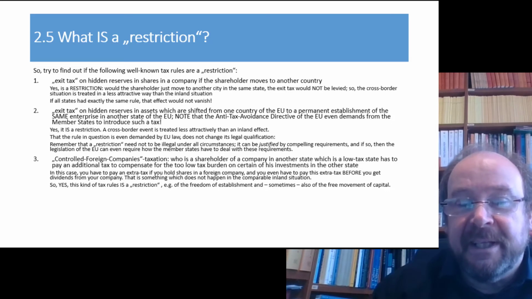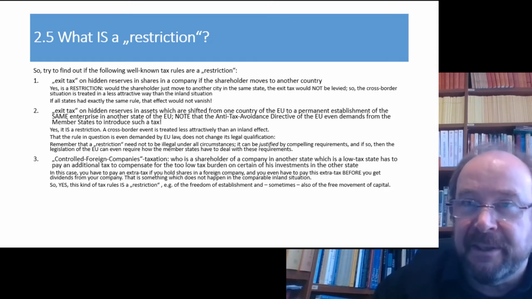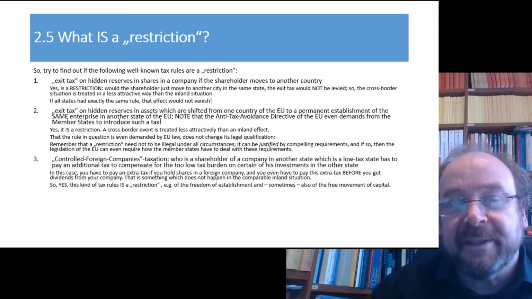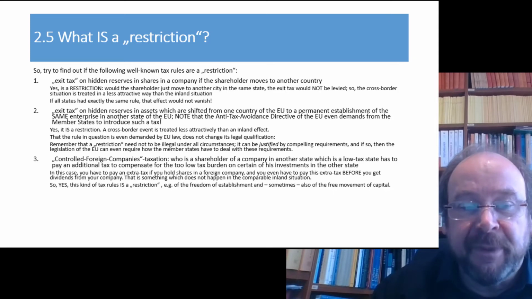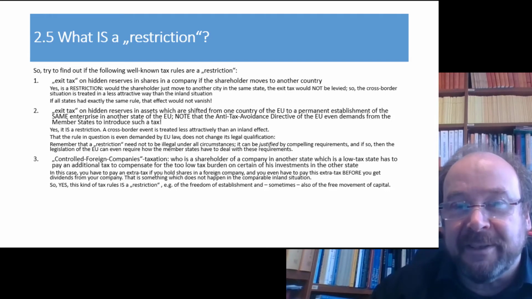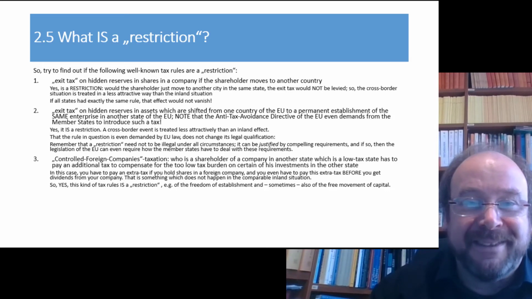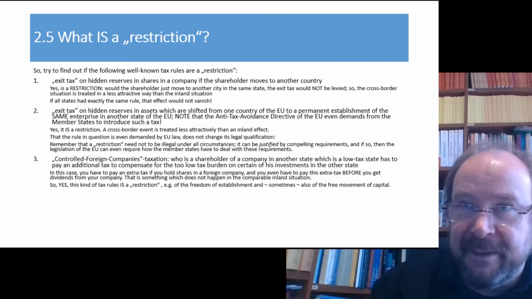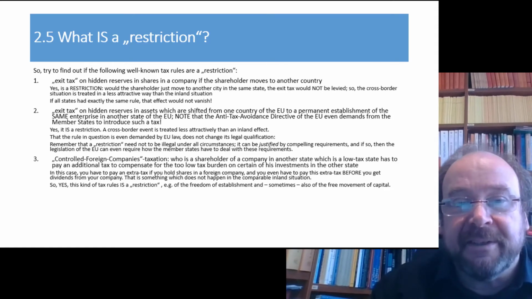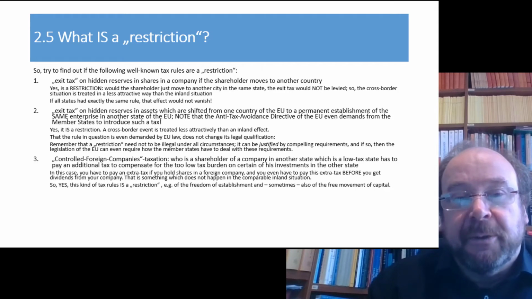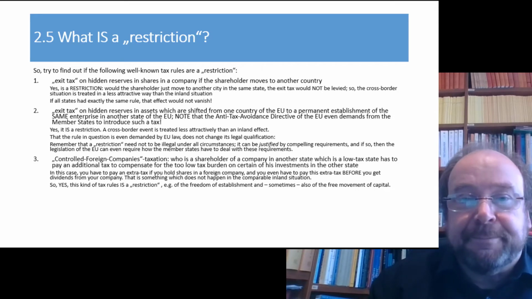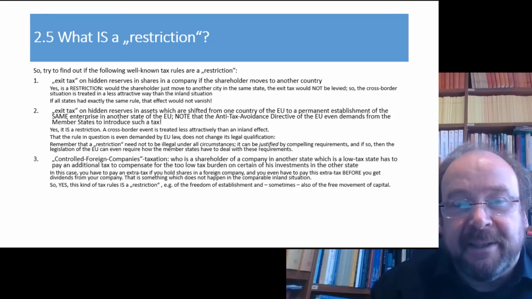And in this case, you have to pay an extra tax if you hold shares in a foreign company, but not to pay an extra tax if you hold shares in a local company in your own state. So this is something which makes a cross-border activity less attractive. Furthermore, you have to pay this extra tax even before you get the dividends from the other company. So even under a liquidity aspect, this is also far less attractive. And so it is definitively a restriction.